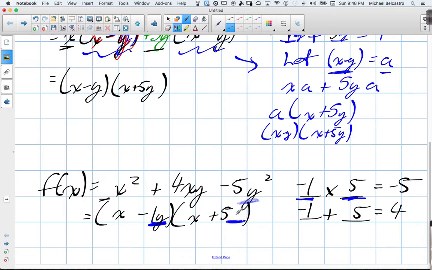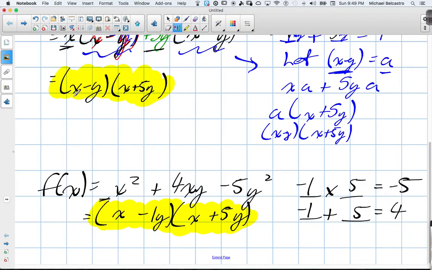And if we do that, lo and behold, I just did that all in one step using this. This answer is the exact same answer we did here. There's an x to start, a negative 1y, I just didn't write the 1 in here, and a positive 5y.